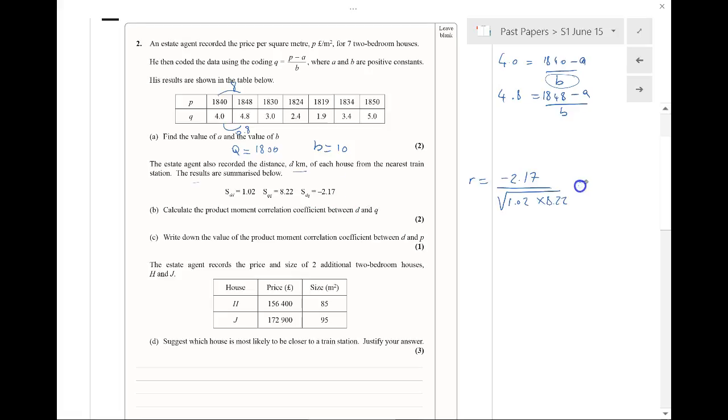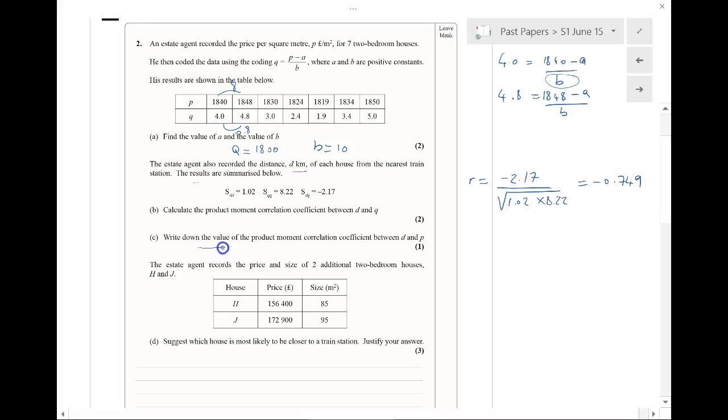Okay, and that equals minus 0.749 to 3 significant figures. Don't round to 2, always round to 3 as a bare minimum. Okay, minus 0.749.